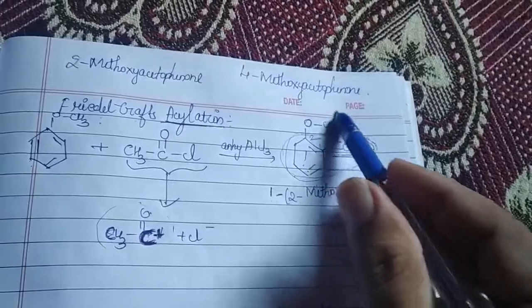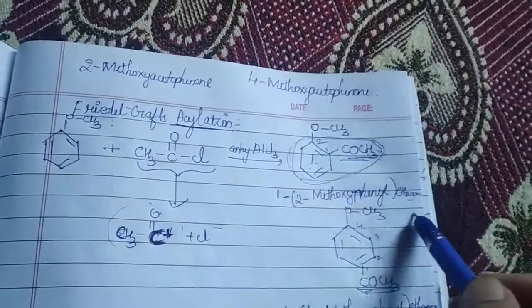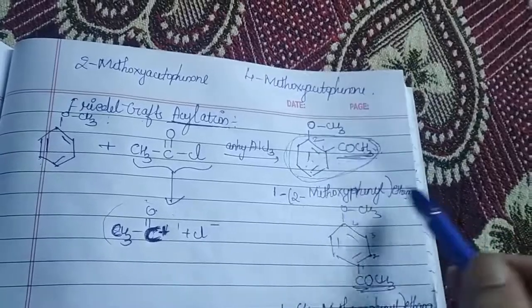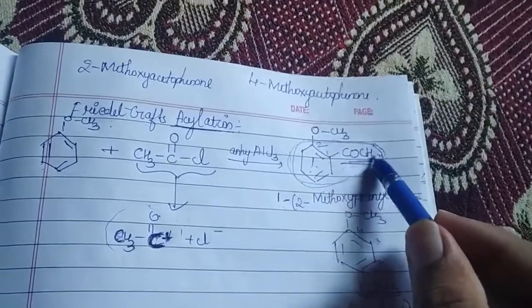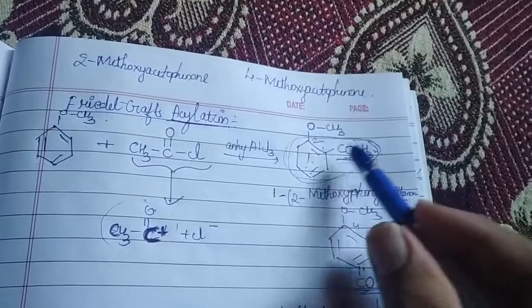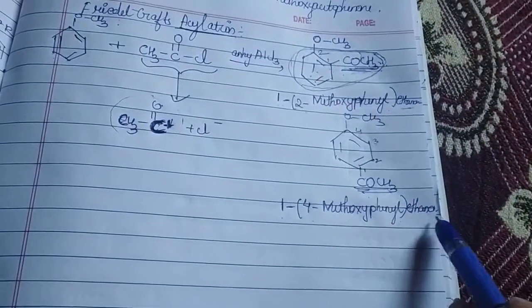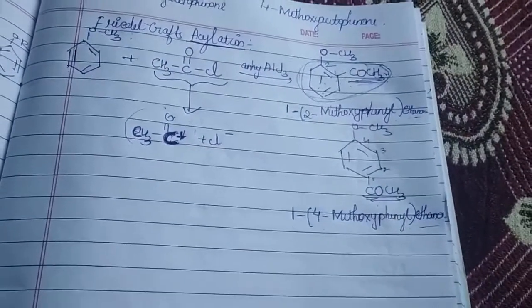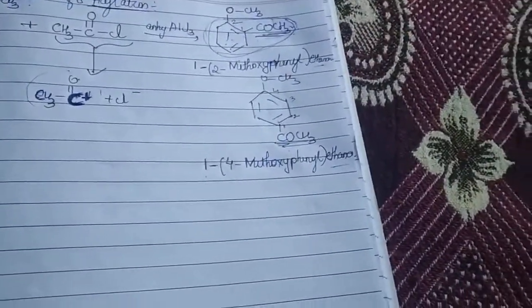So they have first named the ether, methoxyphenyl, which is in the second position, and this is in the first position. So 1 ethanone: 2 carbons, eth, single bond, an, since the functional group is ketone. So ethanone. Here also 1-4 methoxyphenyl ethanone. Are you getting my point? So this is about our Friedel-Crafts acylation.